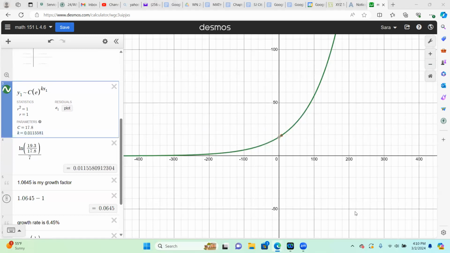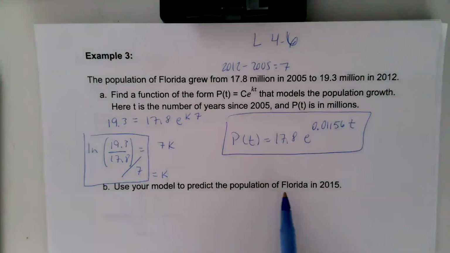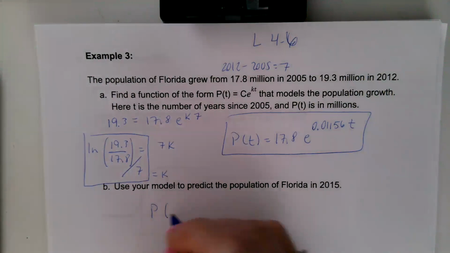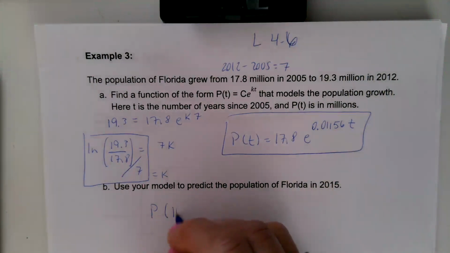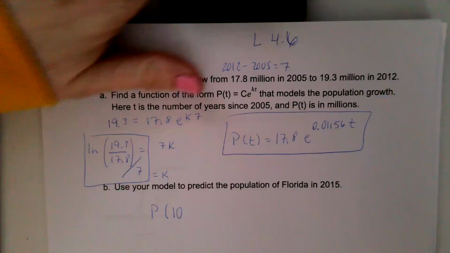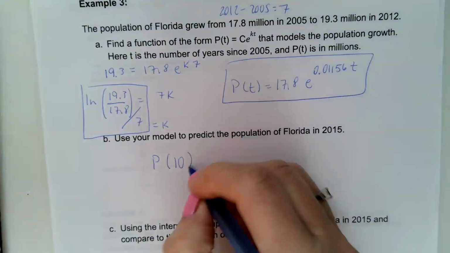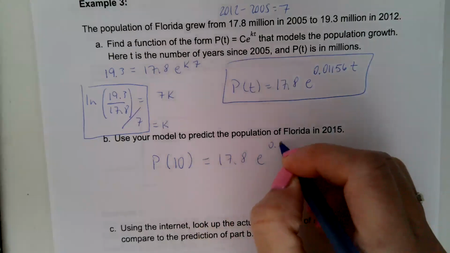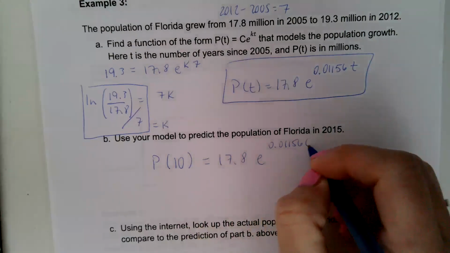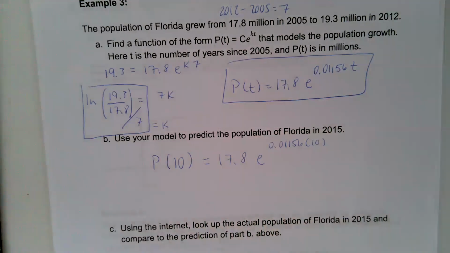So there's our model. It says use your model to predict the population of Florida in 2015. So we're going to find P of, so 2015 is actually 10 years, or T equals 10 after 2005. And so I'm going to put that in. I'm going to show you in Desmos here.